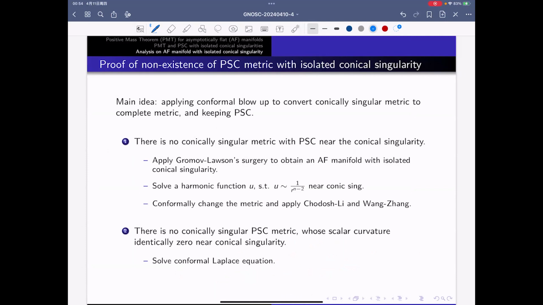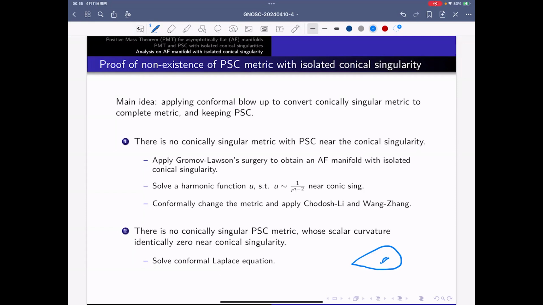So now the case is still to blow up the conic singularity to get some complete metric. But now our manifold is compact, so it's sort of different.